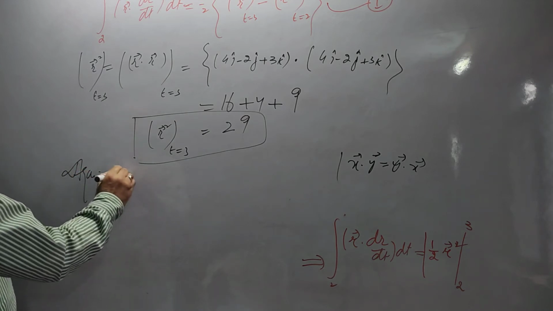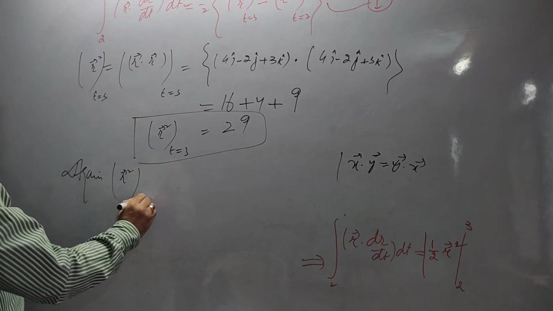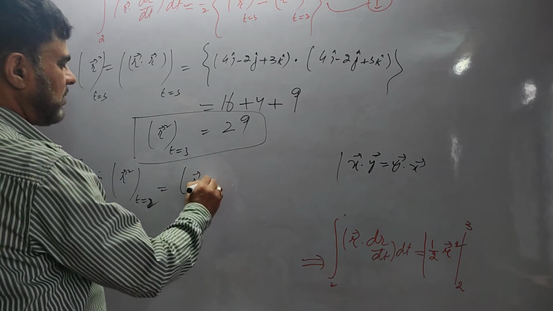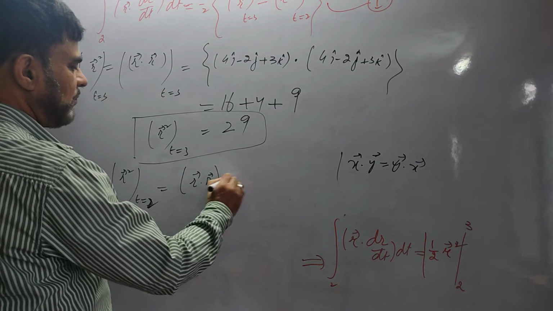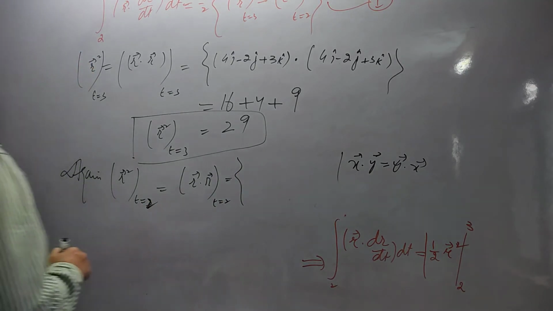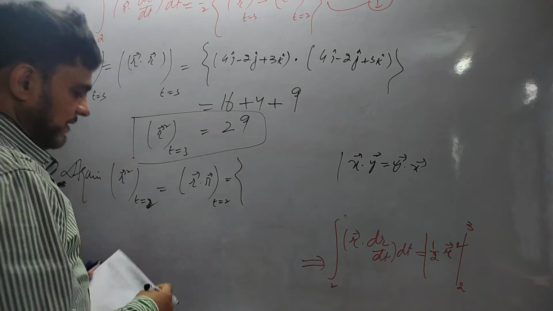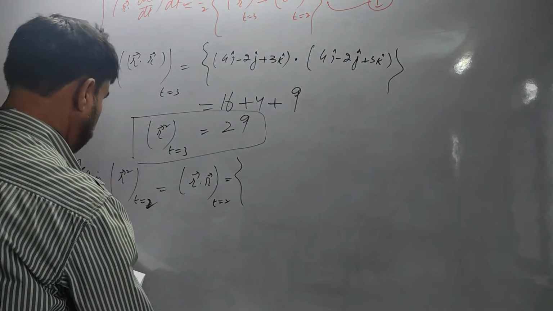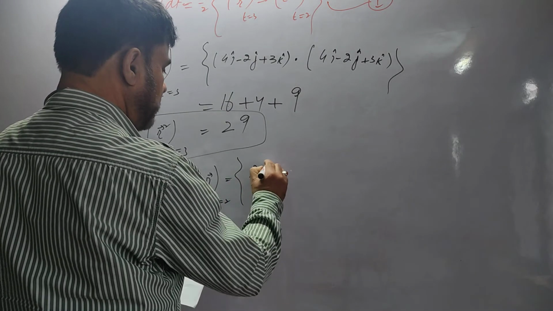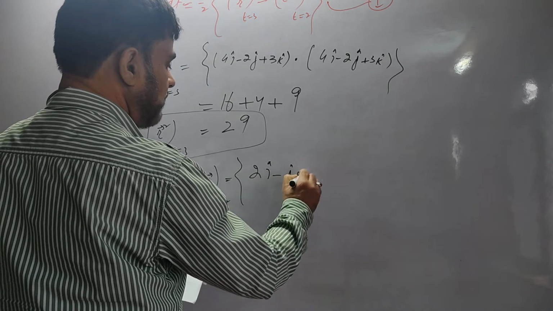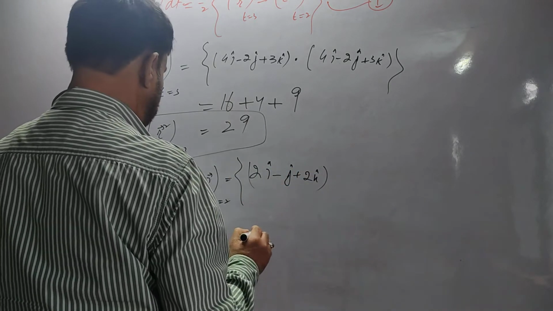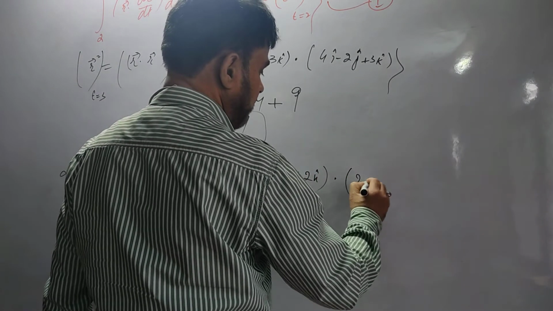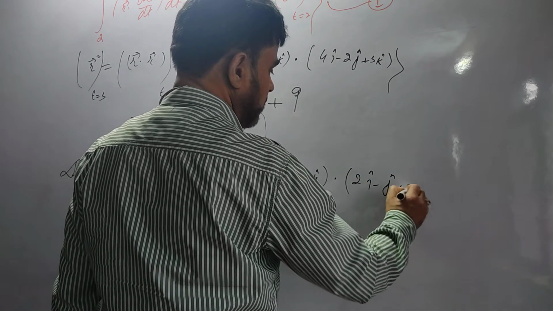Again we find r square at t equal to 2. It is r dot r again at t equal to 2. What value of r do I use here? It is the other value defined in the problem: when t is 2, the value is 2i minus j plus 2k, dotted with the same 2i minus j plus 2k.